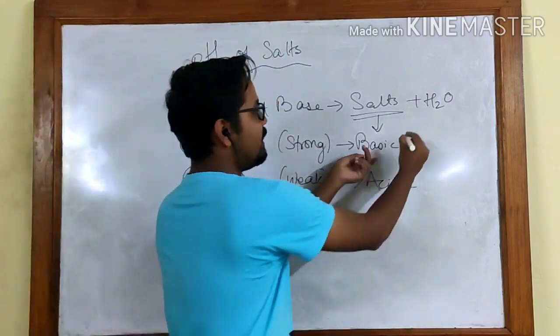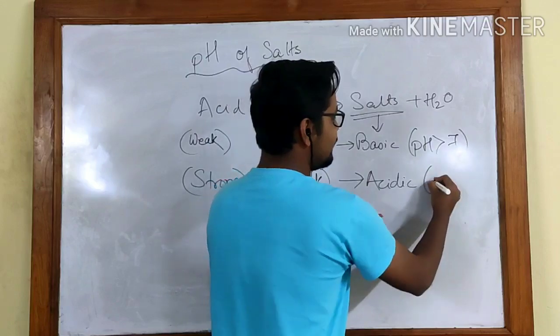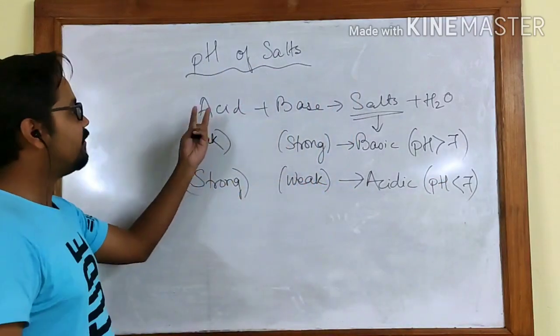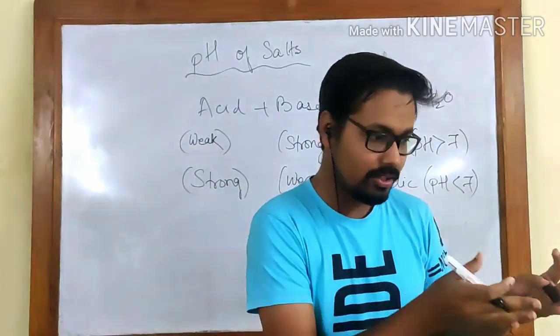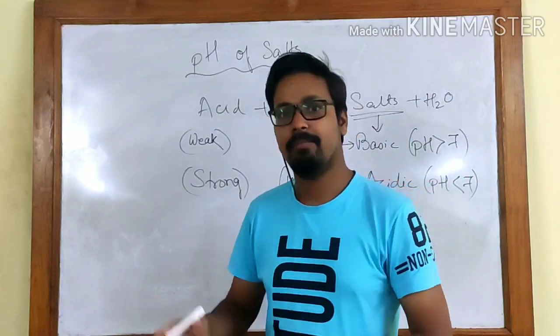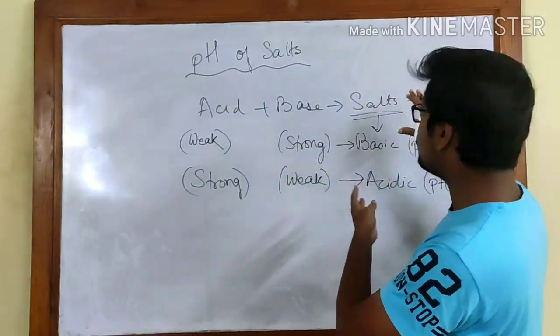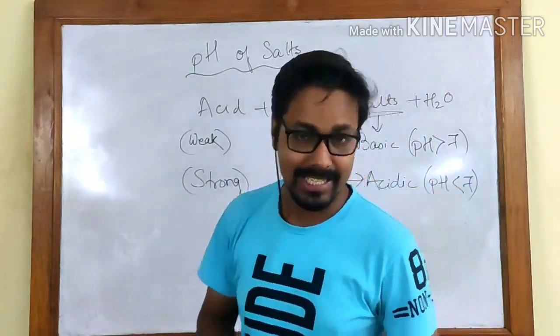So if it is basic, the pH is going to be greater than 7. And if it is acidic, the pH is going to be obviously less than 7. On the other hand, if the strength of acidity and basicity of the base are the same, in that case the salt that will be formed will be neutral. So that's why it will be called a neutralization reaction.